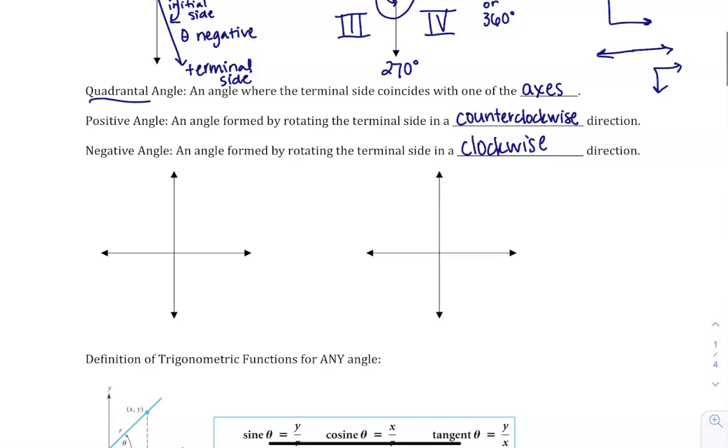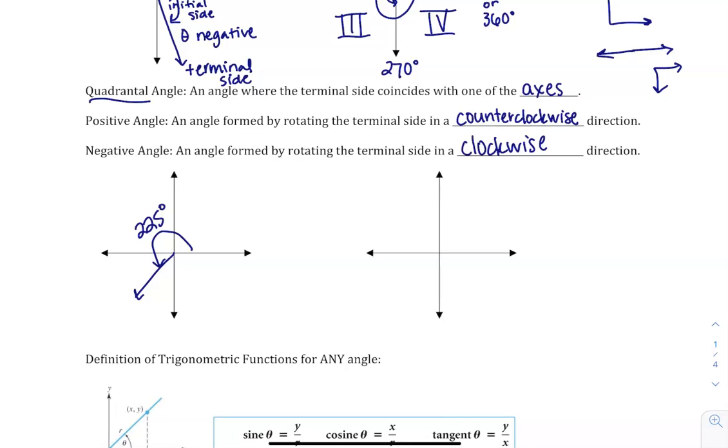These little pictures are here for us to look at positive angles. So maybe I wanted to have about a 225-degree angle that would end in that third quadrant, and I would get there by measuring positive 225.